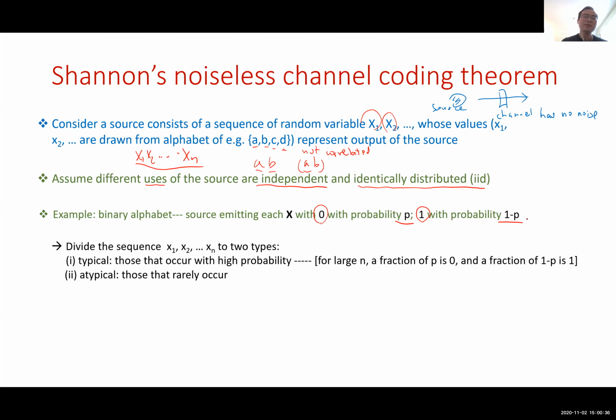So if we have a sequence of this, we can divide any of the sequences into 2 types. So it's very useful to consider that.